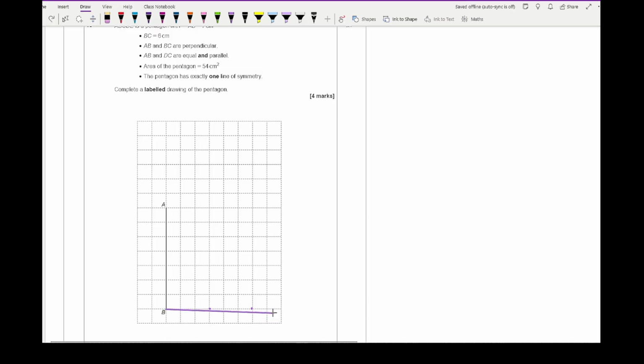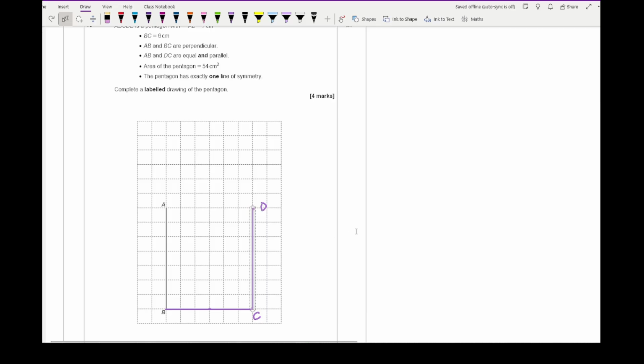With this particular question, I strongly recommend that you label as you go along, so you're not losing track. So that is BC. It then says that DC is equal and parallel. So that means D must be here and have a length of 7 squares. So if I draw another line from there, and let me just neaten that up like so.